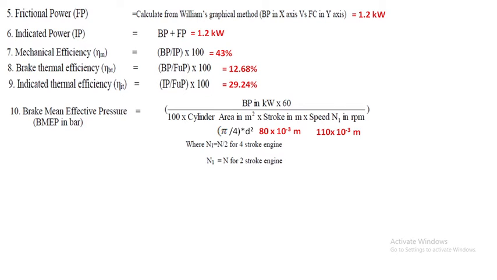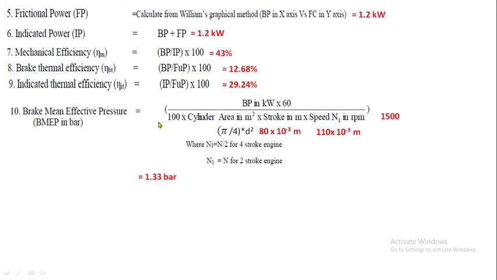So that is the reason behind N by 2 for a 4-stroke engine and N for a 2-stroke engine. Ours being a 4-stroke engine, it has to be 1500 by 2. Next is bar. You can calculate the brake mean effective pressure in terms of bar. That is the reason we are using 100 here.